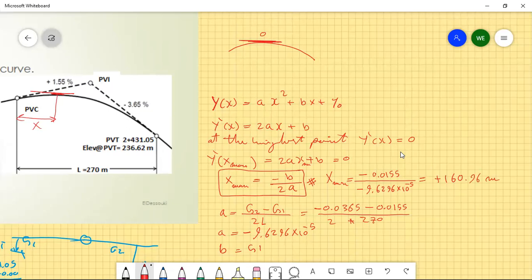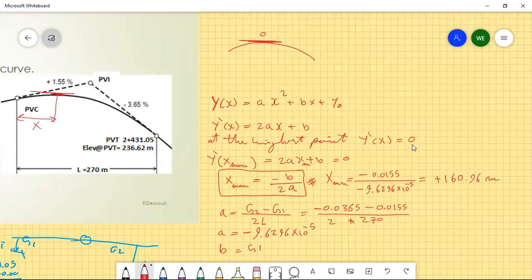So that means the x for the highest point is going to be at 160 meters from the starting point, from the beginning of the curve.